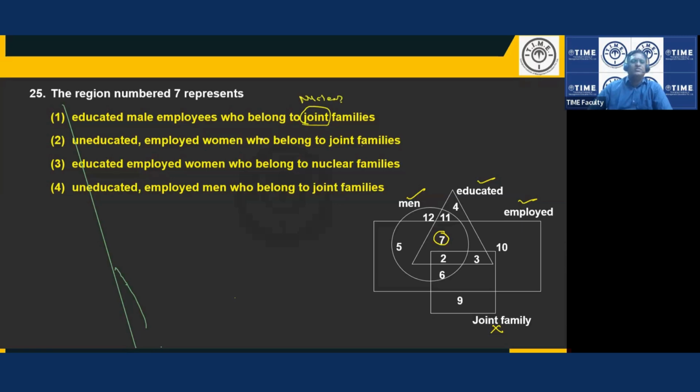This is some mistake from our side. Okay, option 1 only we will take. Second option, uneducated, not possible. Fourth option, uneducated, not possible. Third option, educated employed woman is given, but 7 is a part of men, that's why it is not. Only option 1, but we can change joint family to nuclear family.